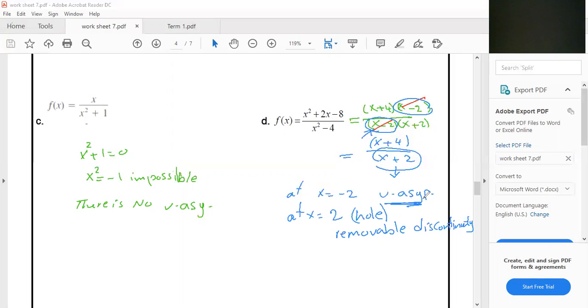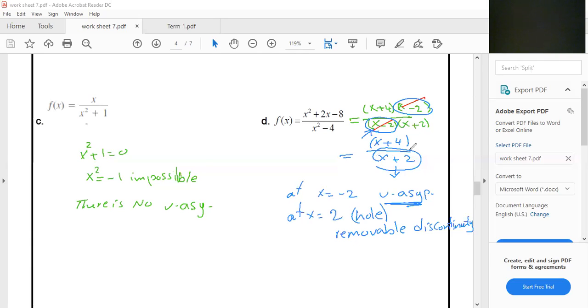But as you know, we have two types of discontinuity. Removable discontinuity occurs at the hole or gap, okay? But the non-removable discontinuity occurs at what? At a vertical asymptote and at a jump.